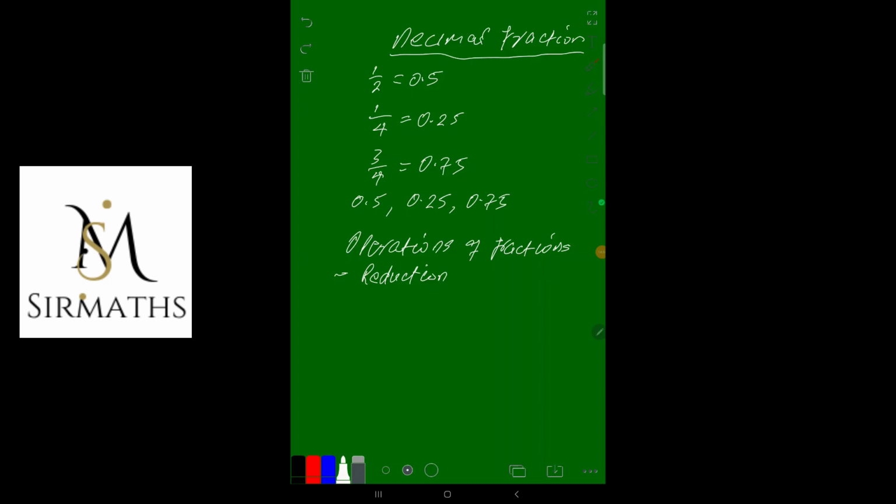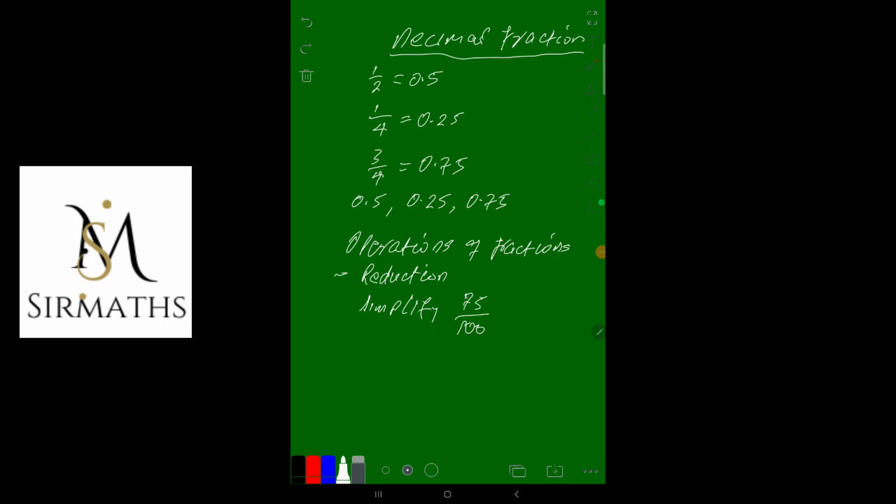What is reduction? Reduction is what we call simplifying to the lowest term. You may be given an example, simplify 75 over 100. To simplify to the lowest term, we keep on dividing until there is no factor that will divide the numerator and the denominator without a remainder.